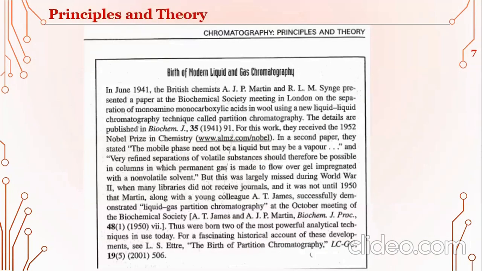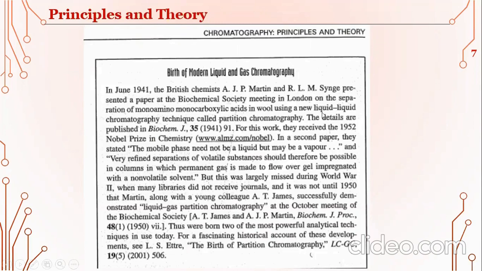So this is actually June 1941, and the birth of modern liquid and gas chromatography. In June 1941, the British scientists Martin and Synge presented a paper at a Biochemical Society meeting in London on the separation of monoamino and monocarboxylic acids in wool using a new liquid chromatography technique.